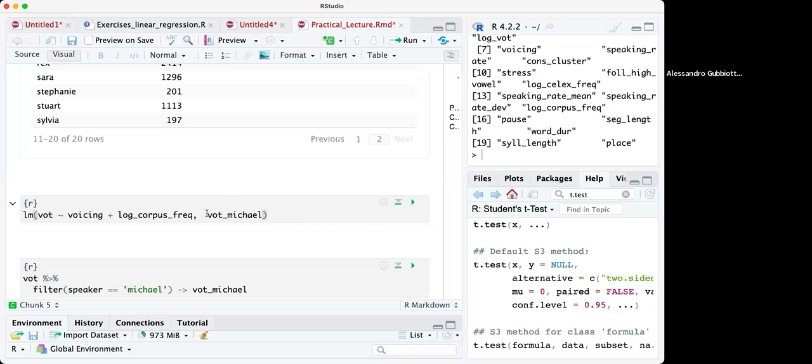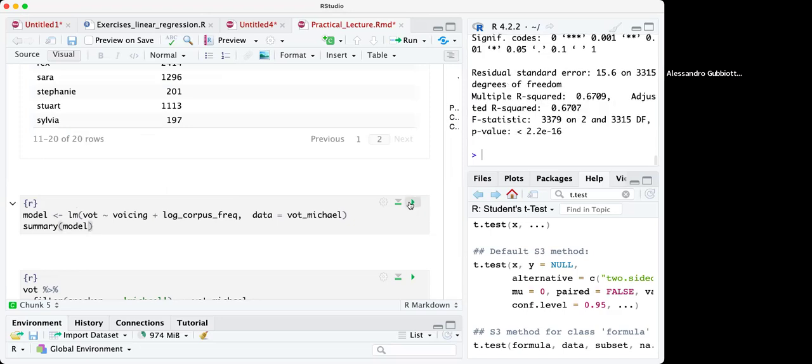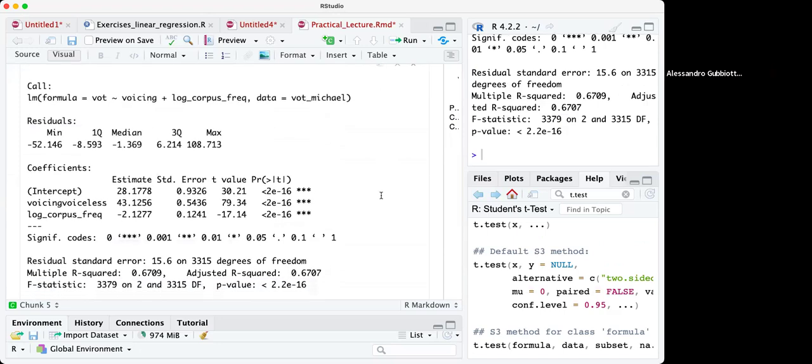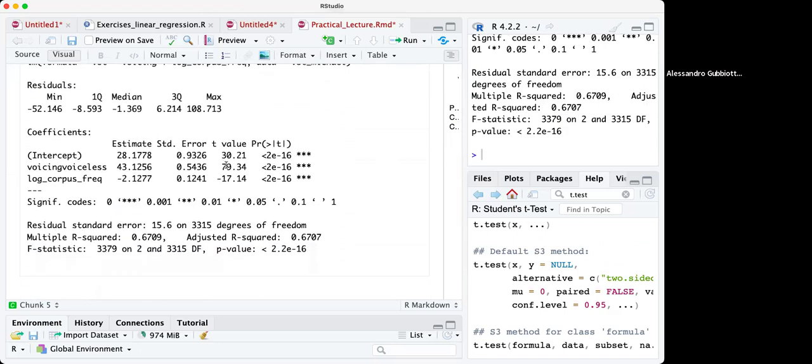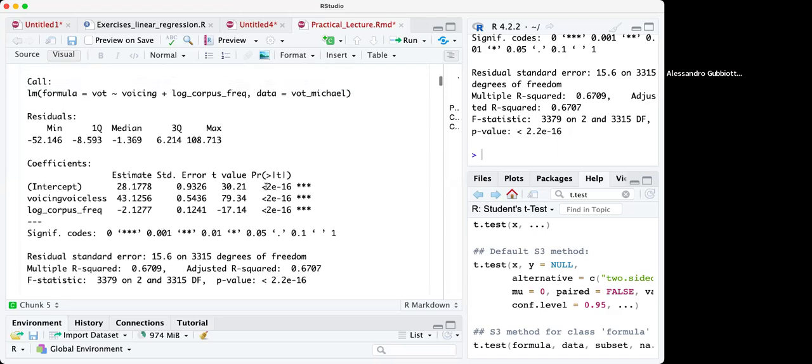Let's see if it is significant. Well, it looks as if it is, even by a lot.